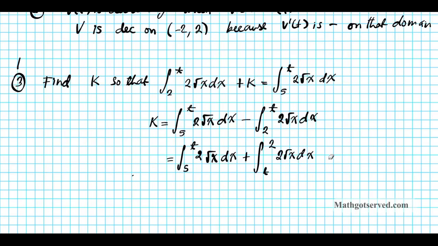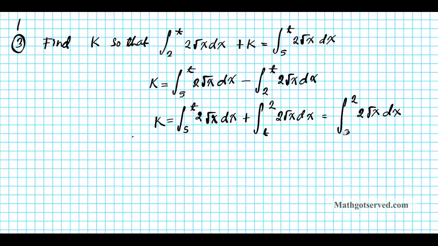Alright, so we can now combine them together, from 5 all the way to 2 of 2 root x dx. That's what k is equal to. And then if we want to put it in ascending order, we can use the order rule of integration again to write this as the negative of the integral from 2 to 5 of 2 root x dx.